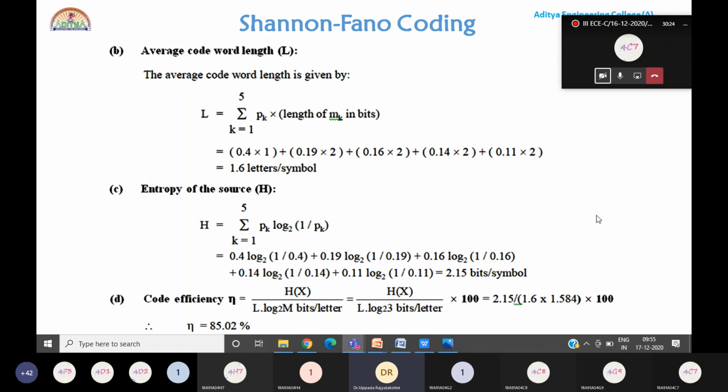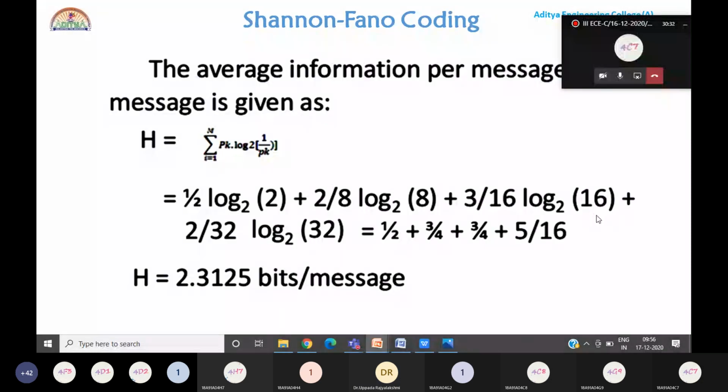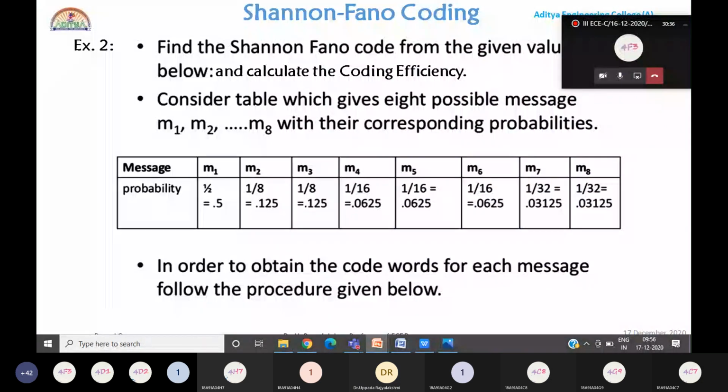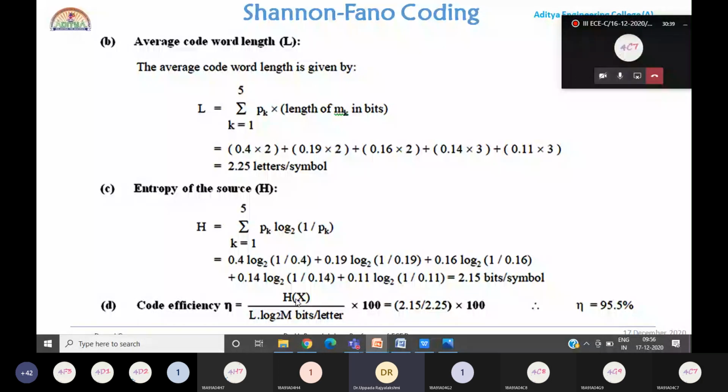But what is the efficiency if you take the partition value as 2? Let us move to the corresponding slide. Please observe this slide. If you consider the partition value as 2, we obtain the efficiency as 95.5%.